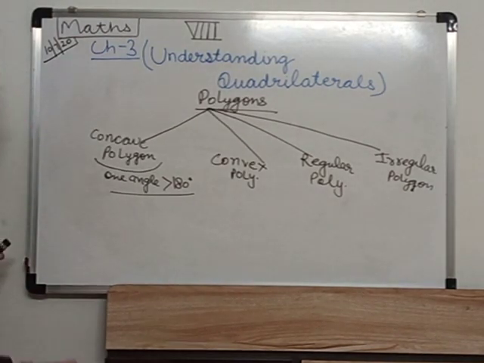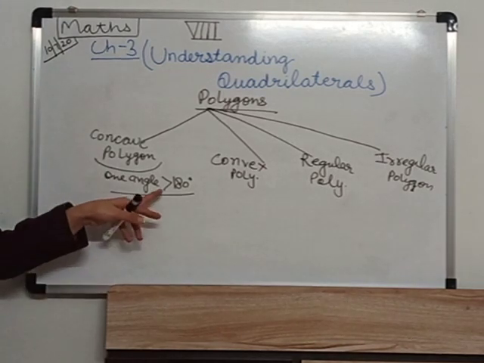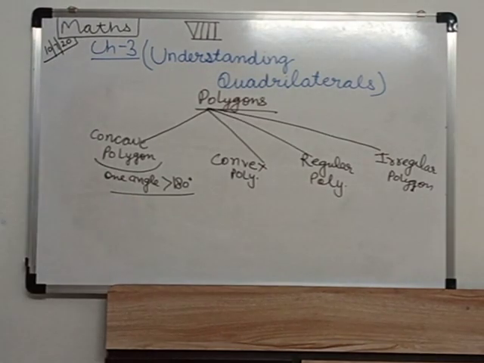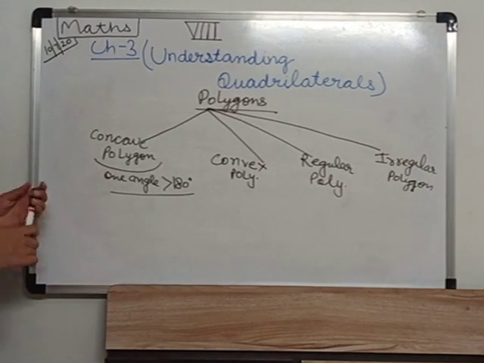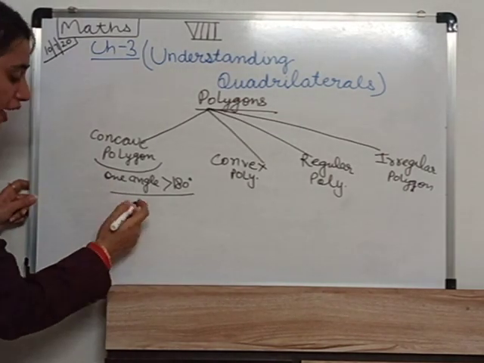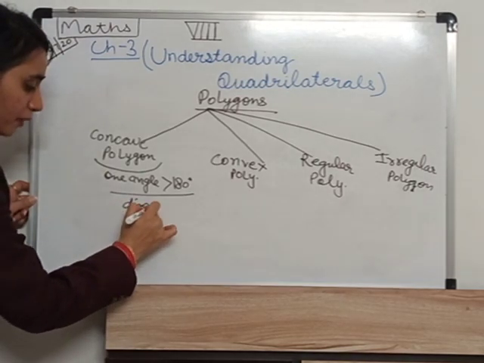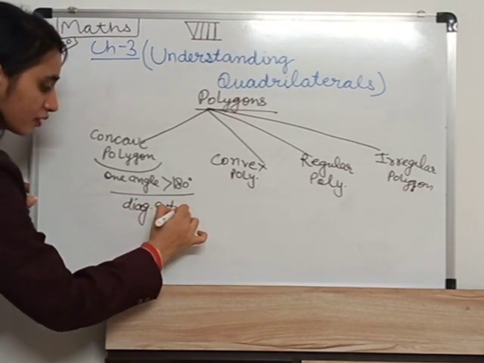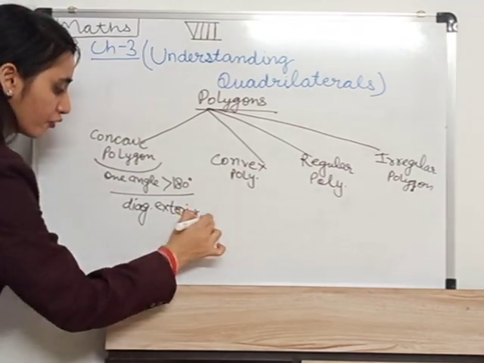One angle of this polygon is greater than 180, and a concave polygon has a portion of its diagonals in the exterior. The other property is that a diagonal is made outside the figure.